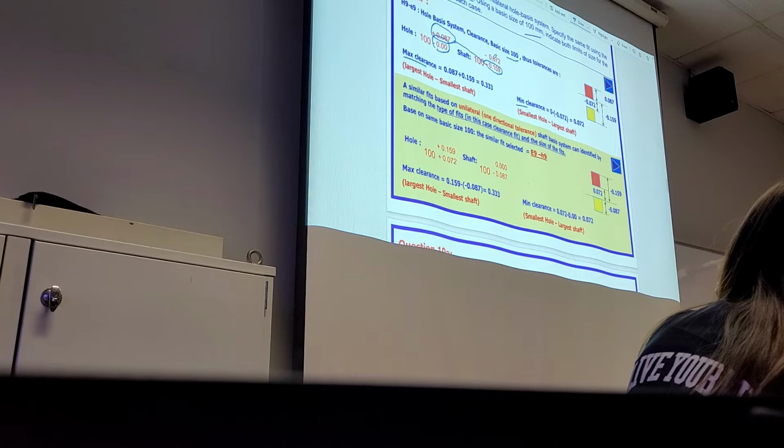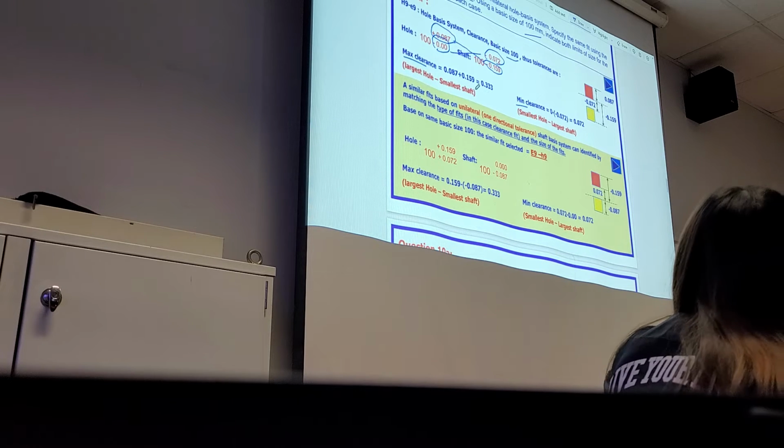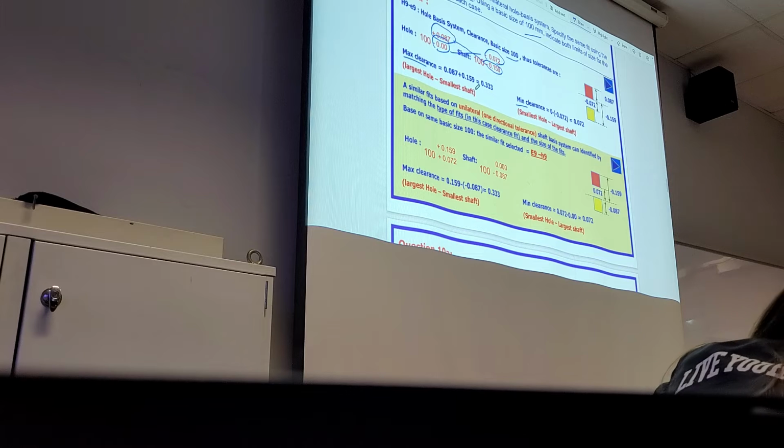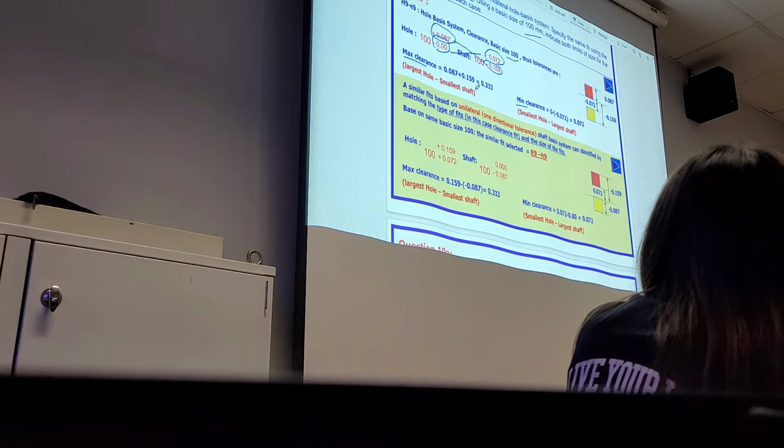This value and this value minus what? Okay? Cross operation. So you will see the result exactly like this. Right? So just remember: always hole minus shaft. And you just need to do the cross operation, you will get the result very easily.